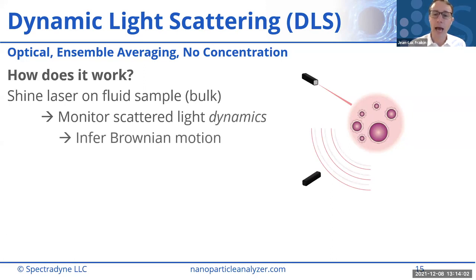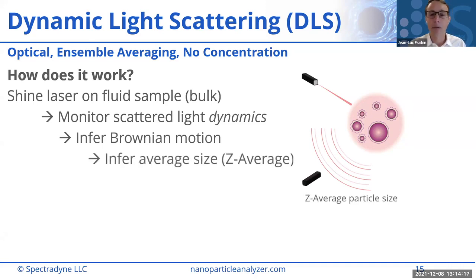And so, as they bounce around with their diffusion, this modulates the scattered light. And so if we monitor the dynamics of that light, then we can infer properties about the Brownian motion, about the particles with some assumptions. And from that, again with some assumptions, you can infer the average size of particles in the sample. And that's effectively what this Z average parameter is that gets reported by dynamic light scattering in the results.